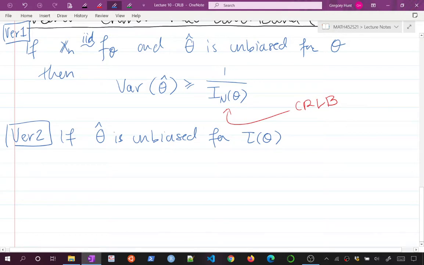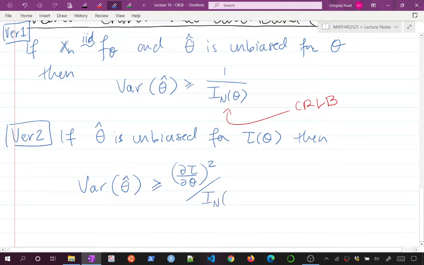And then in this case, the variance of theta hat is, there are a couple of ways to write this, but it is not smaller than d tau d theta, the first derivative of this functional relationship, squared over my information.